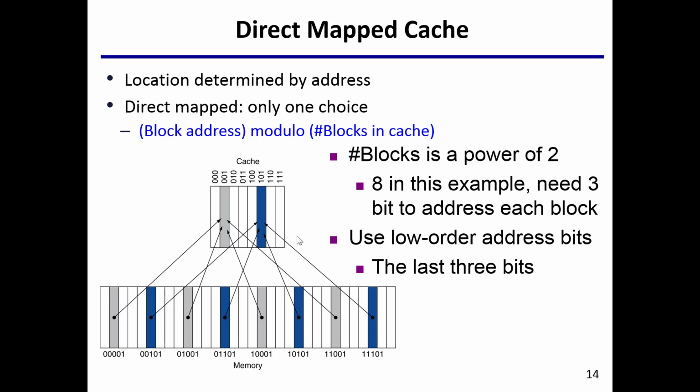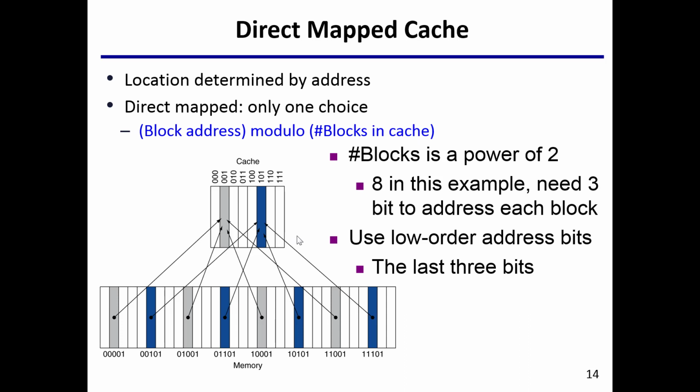Now, because caches are always divided into a number of blocks that are a power of 2, like everything in computing is a power of 2, the way you think of this is that the location in the cache, the cache line, block, or slot, is basically the low order bits, the least significant bits from the address. That forms the modulus. Does that make sense?